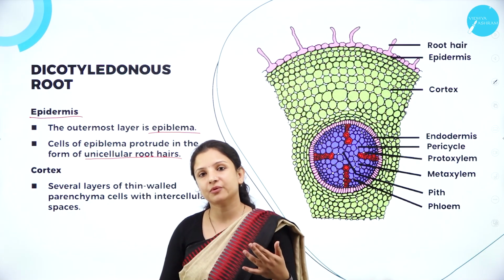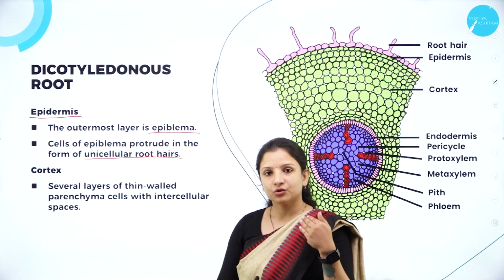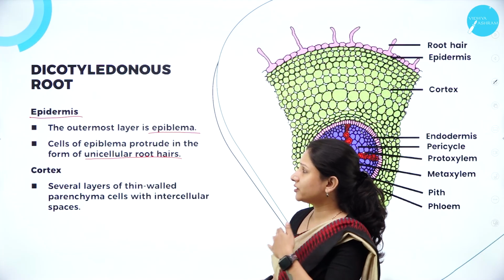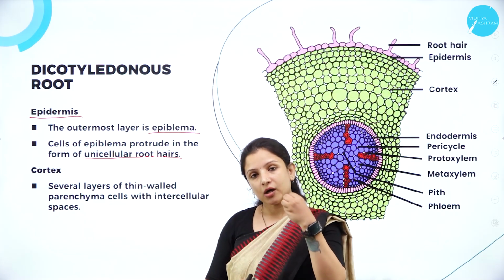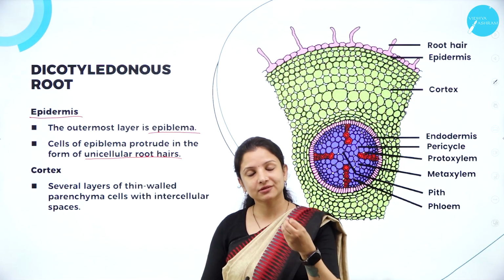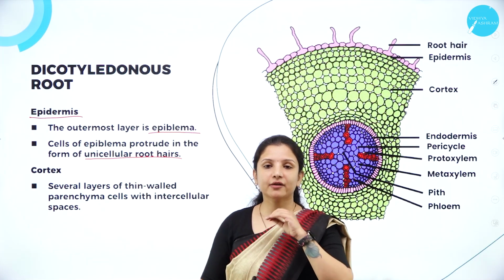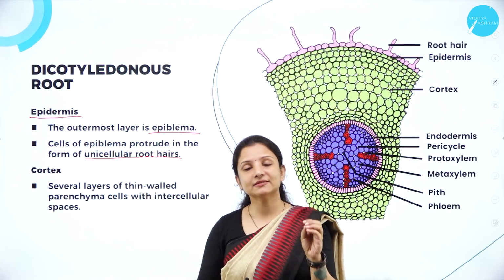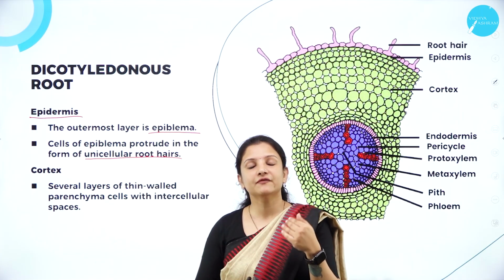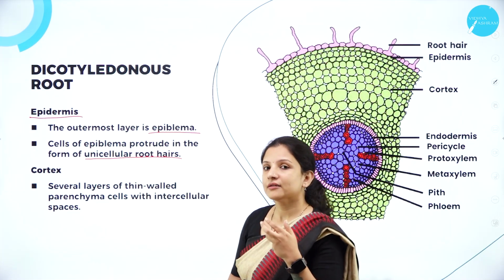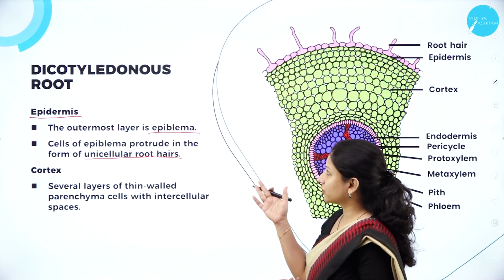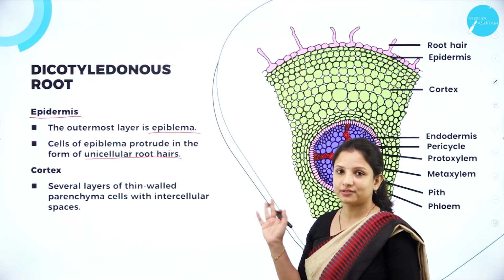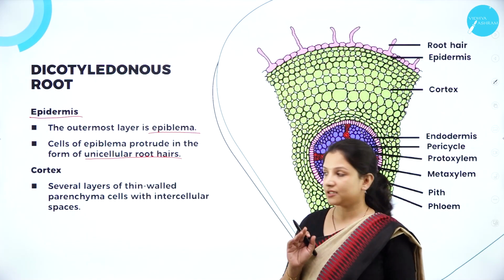Trichomes are the hairs present on the stem of dicotyledonous plants, or on the leaf, and they can be multicellular. But here in the case of dicotyledonous root, the root hairs are unicellular, made up of a single cell.